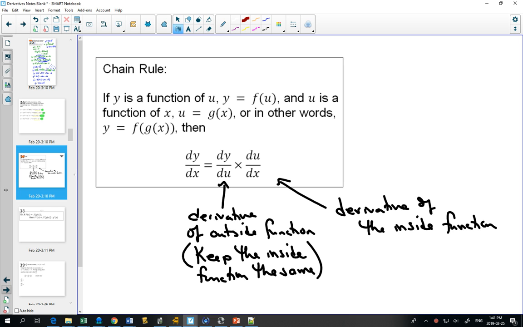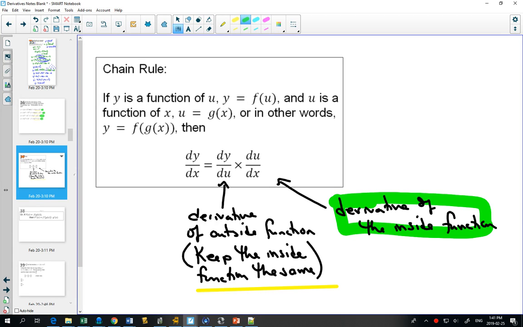If we were color coding things compared to what we had before, this is what I had underlined in yellow. That was your just normal power rule, multiplied by this, which I had highlighted in green, the derivative of the inside function.